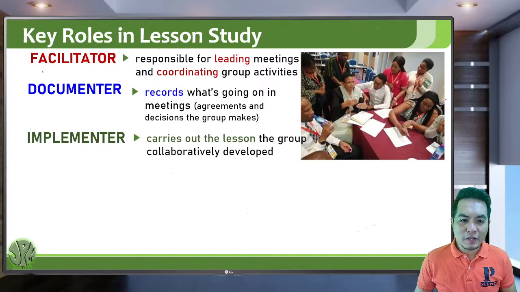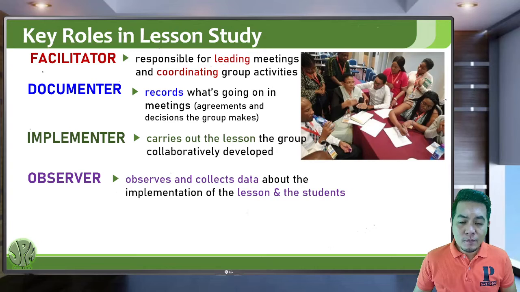The implementer carries out the lesson that the group collaboratively develops. So he will be the implementing teacher during the actual teaching of the lesson. The observer observes and collects data about the implementation of the lesson and the students. The observer should be present during the teaching of the lesson.